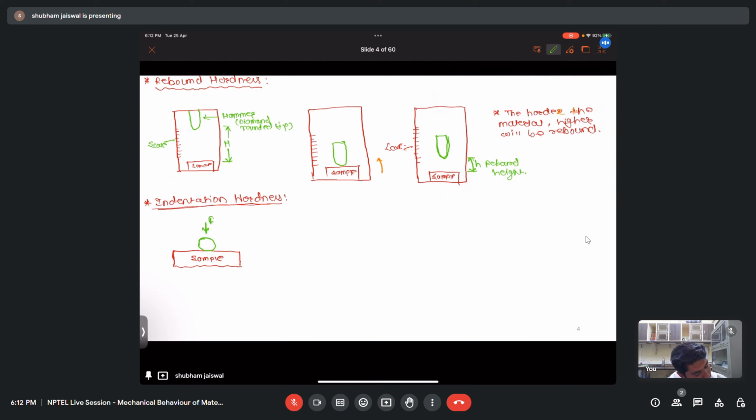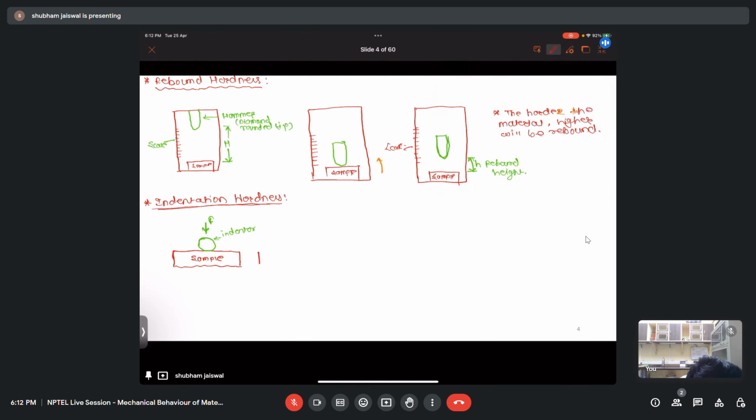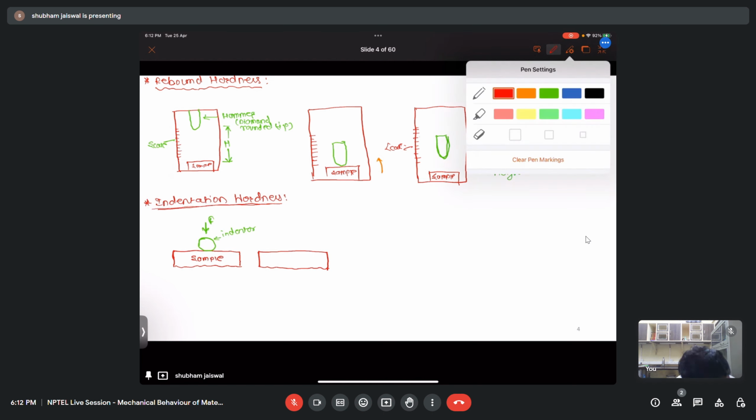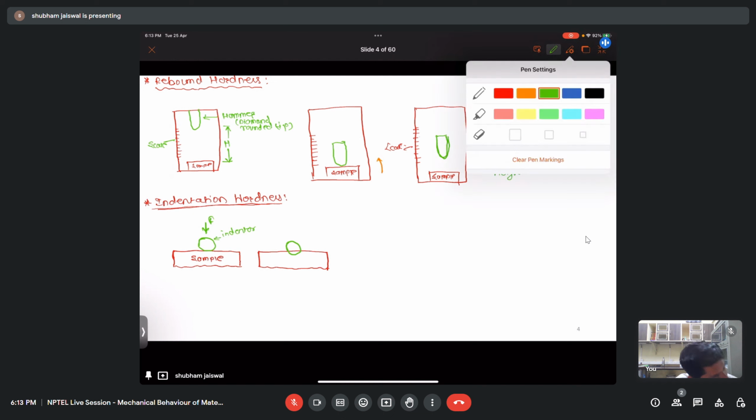Let's say this is my indenter, and I will apply a force on it. So what will happen? This indenter will indent my sample. Let's say this much it has indented.